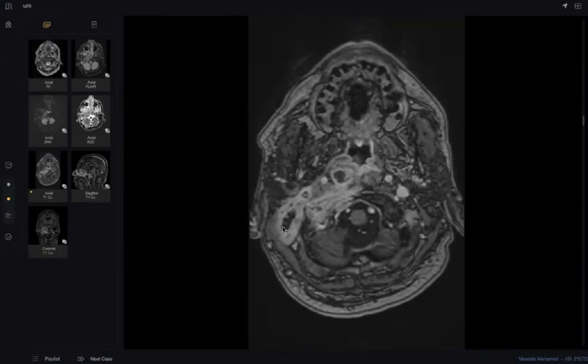Okay. Does this patient have something else you didn't comment on? There is an extension to the CP angle, maybe. What else?